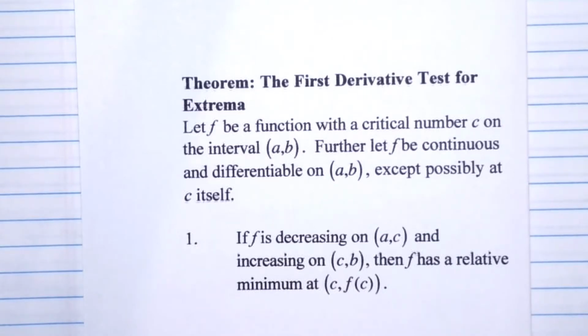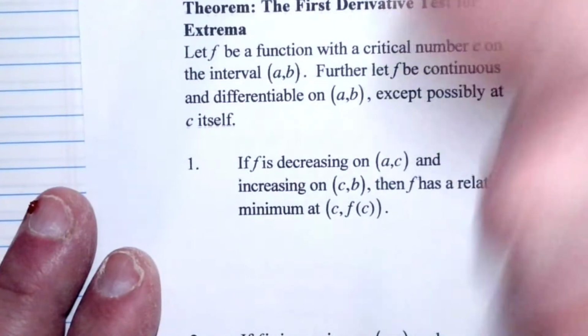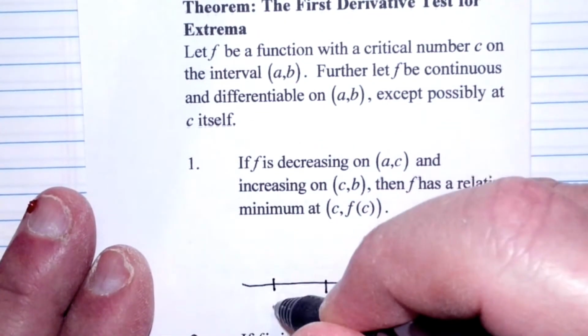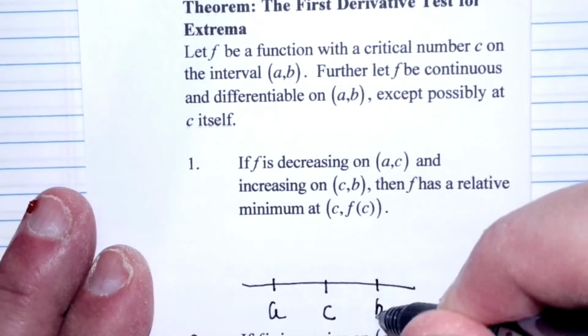All right. So if f is decreasing on the interval from a to c and increasing on c to b, then f has a relative minimum at the point c, f of c. So what's that saying? All right. Here's the number c, and here's the interval from a to b.